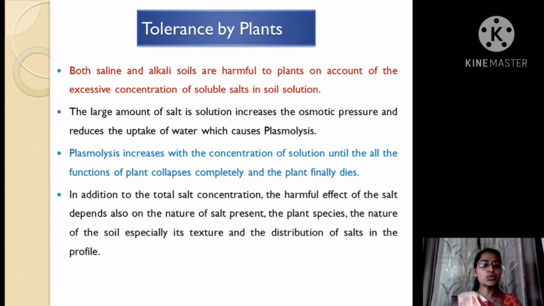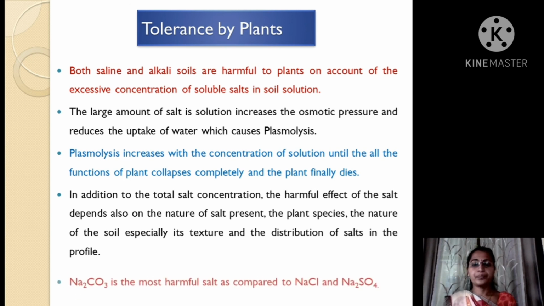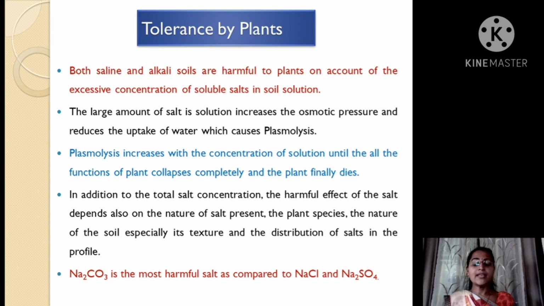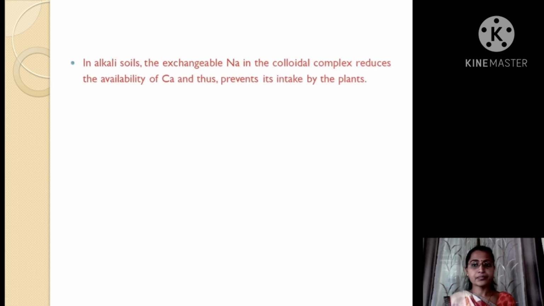In addition to the total salt concentration, the harmful effect of the salt depends also on the nature of salt present, the plant species, the nature of the soil, especially its texture, and the distribution of salts in the profile. Sodium carbonate is the most harmful salt as compared to sodium chloride and sodium sulfate.